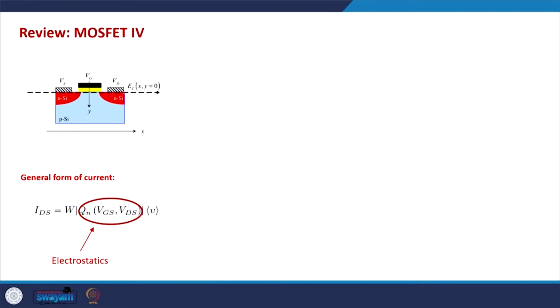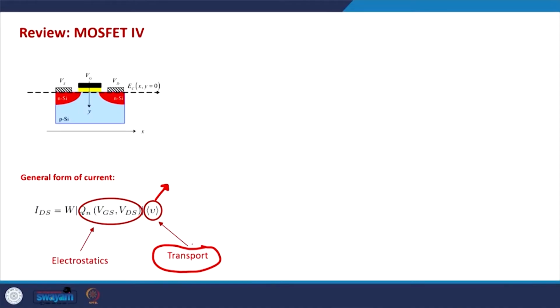Second is the velocity of electrons. In order to analyze the velocity of electrons, we need to understand the transport theory of electrons in nanostructures, in nano devices, especially for the short channel MOSFETs that we use nowadays, because the transport, as we have seen in the previous part of this course, has been modified a lot in modern devices.